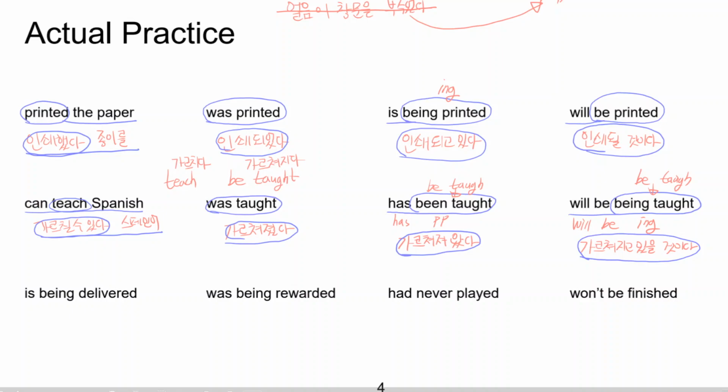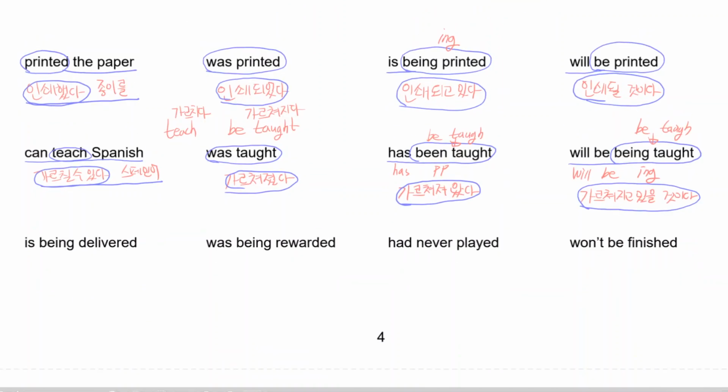Alright, let's move on. We have only 4 more left. Now we have is being delivered, right? As I said earlier, the circle, the meaning verb, should be at the end. So it could be like this or like this. What do you think? Yes, this is correct, because we have BPP form, right?